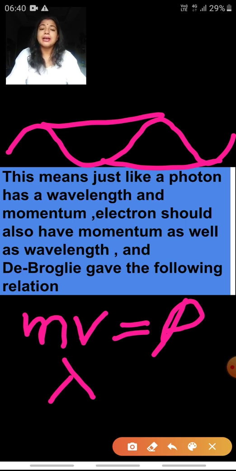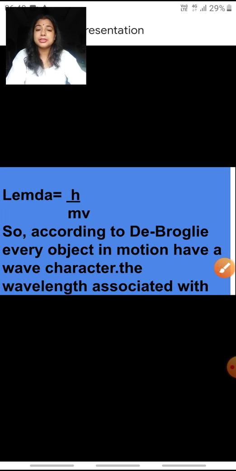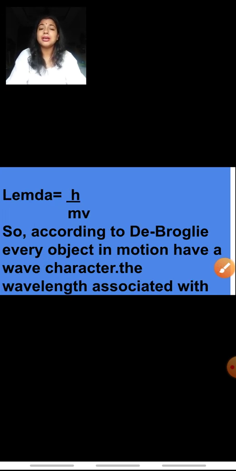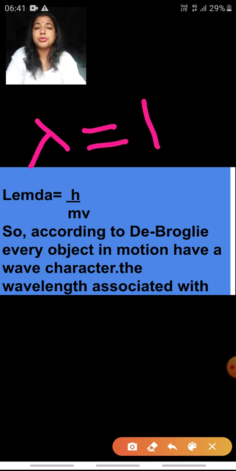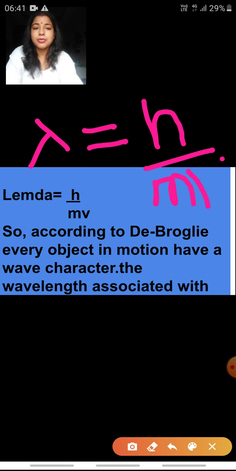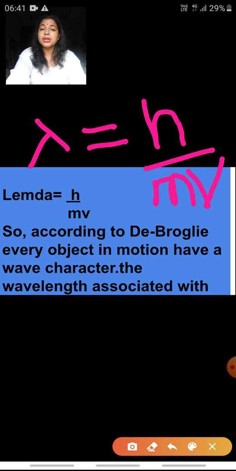De Broglie also gave a relationship called the de Broglie wavelength: lambda equals h upon mv. According to de Broglie, every object in motion has a wave characteristic.